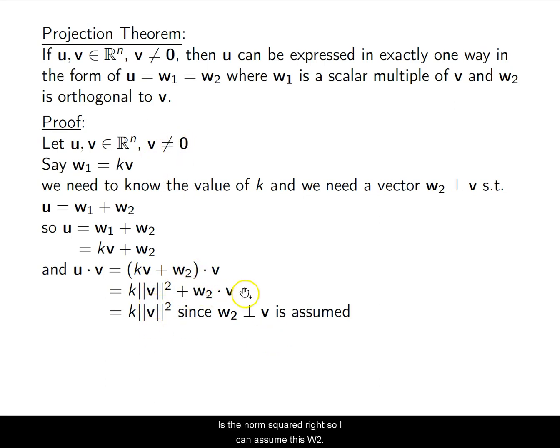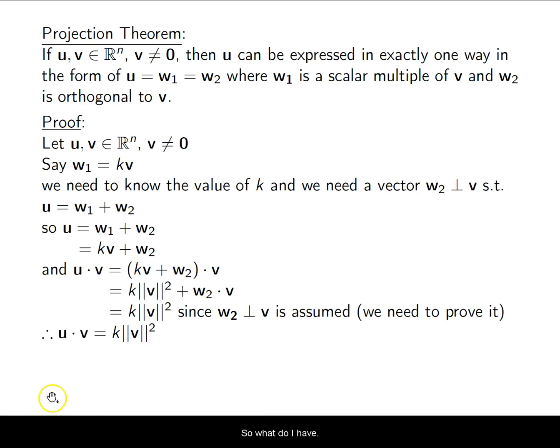So I can assume this W2 dot product V drops off because they are supposed to be orthogonal. But again, this is an assumption. We will definitely be proving this later on in this proof. We're just assuming some things to help us get started, but we will come back to show that these things are true. So what do I have? I now have that the dot product of U and V is K, that scalar multiple, times the norm squared of V.